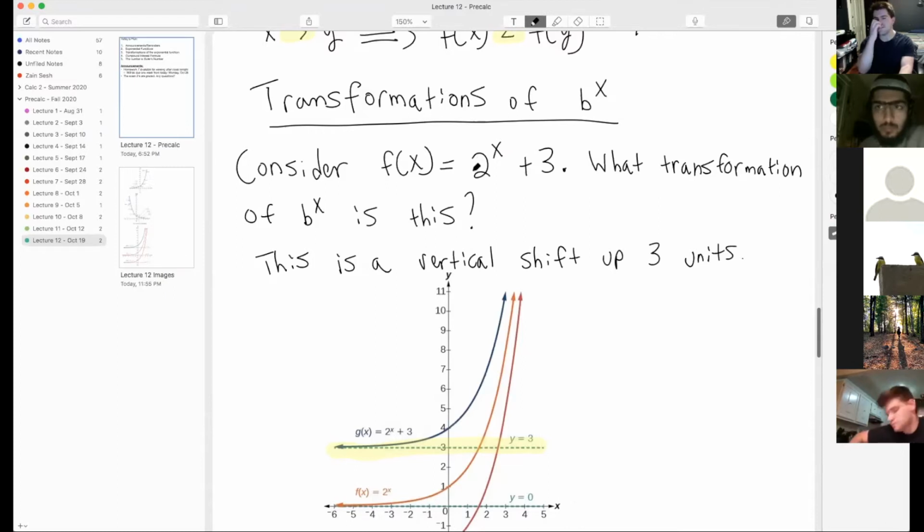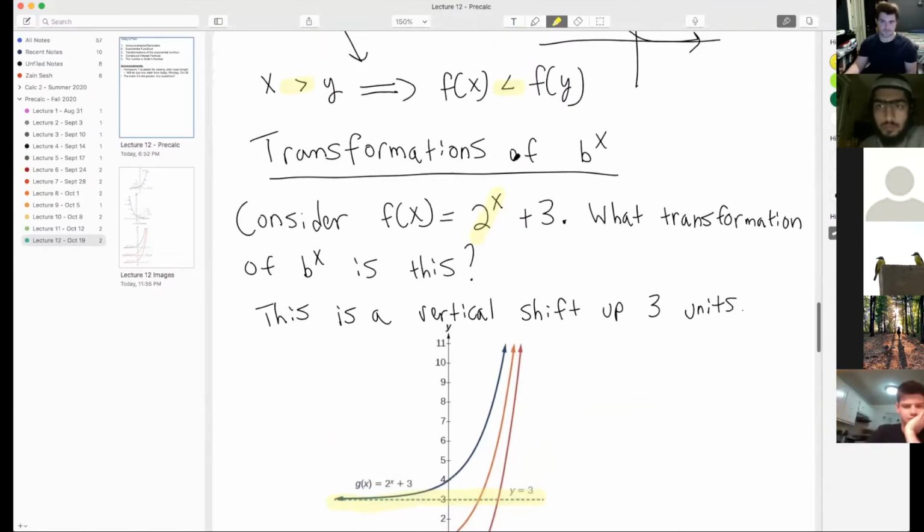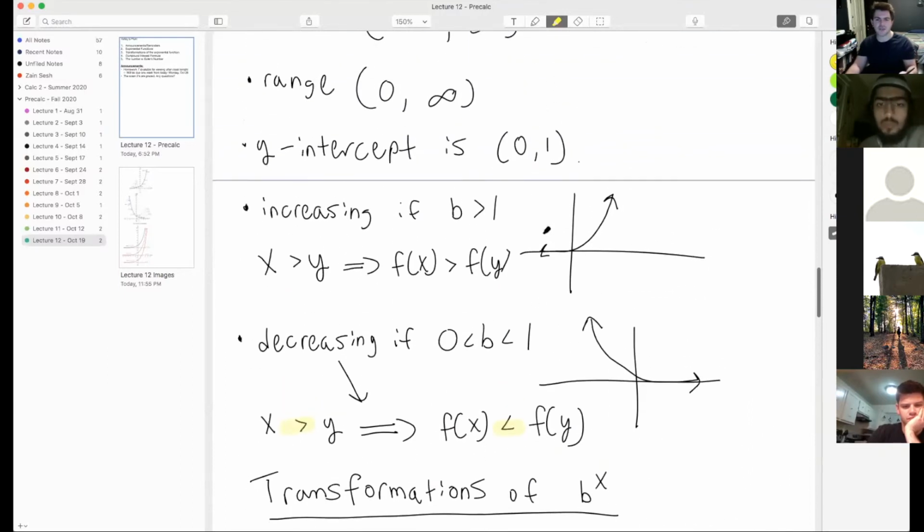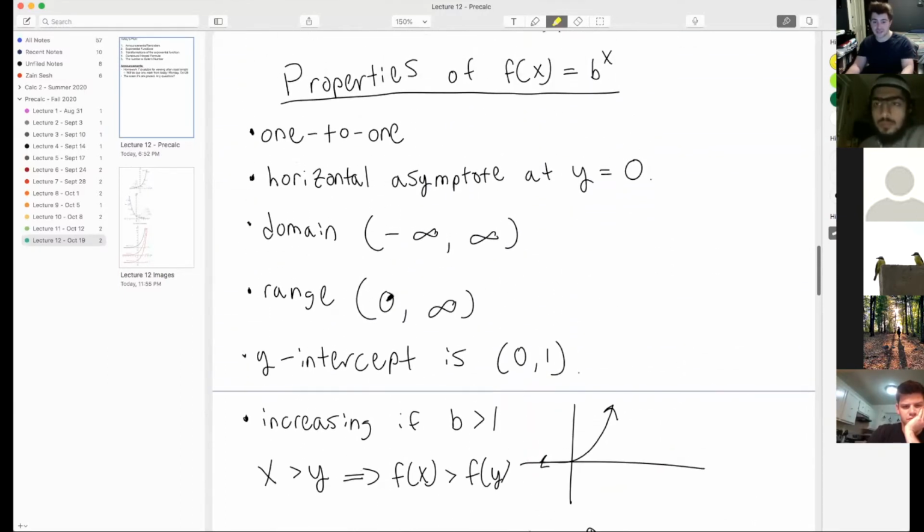So if the function actually achieved the value of 3, do you agree that this term would need to be 0? Yes. However, an exponential function is never 0. 2 to some power will never be 0. So you're never going to actually achieve the value of 3. Got it. That's the same reason why the range of the normal exponential is 0 to infinity. It's never going to be 0.